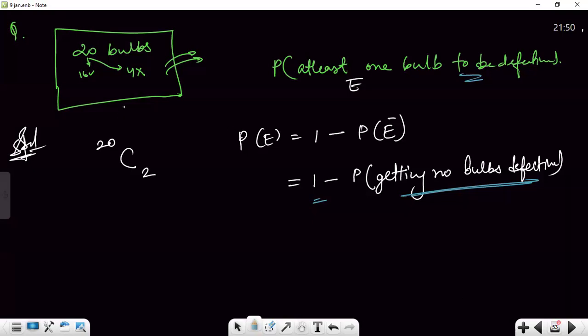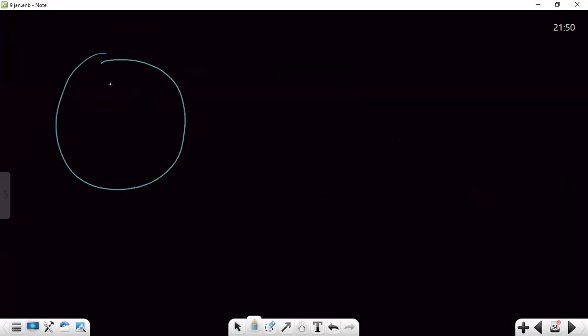So there is a bag having a total of 20 bulbs, 16 okay bulbs and 4 defective bulbs. We are getting 2 bulbs out. That's the event happening.